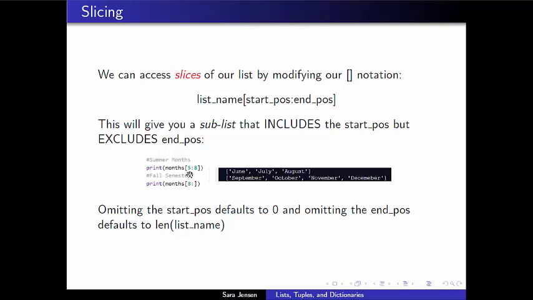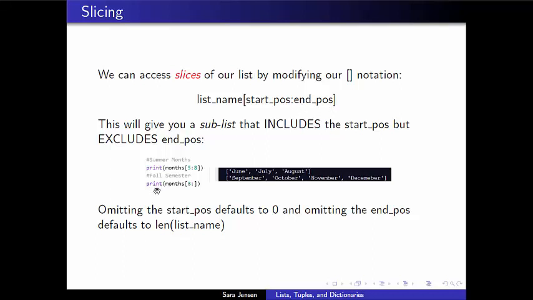There's an extra nice feature that Python allows us, which is that each one of these arguments is actually optional. So what I've shown in this second example over here is what happens if I omit the ending position. If I omit the ending position, Python defaults to assuming that what I want to put in the ending position is the last possible value, or the length of the list.